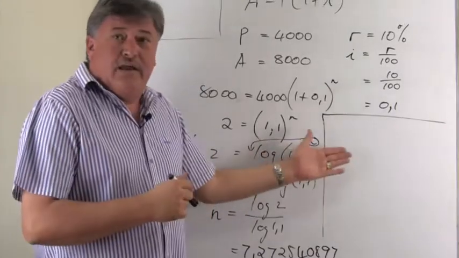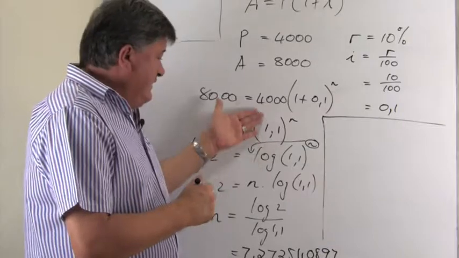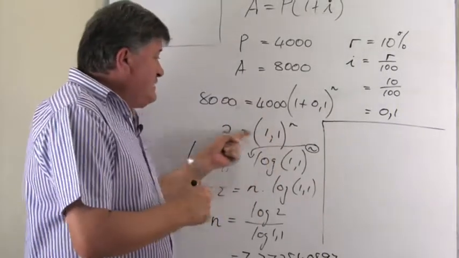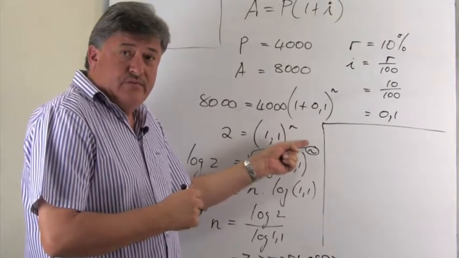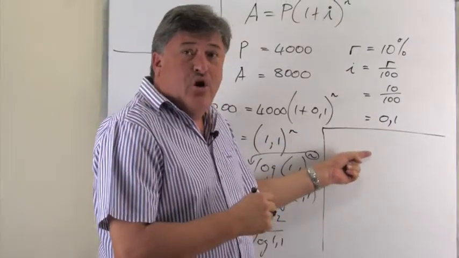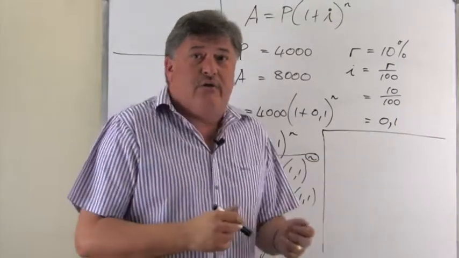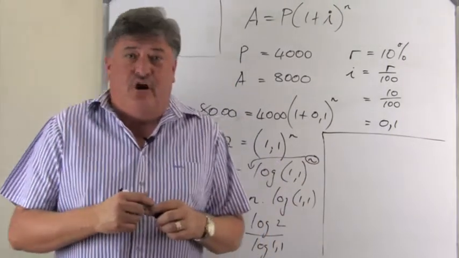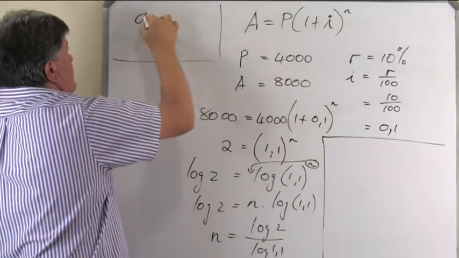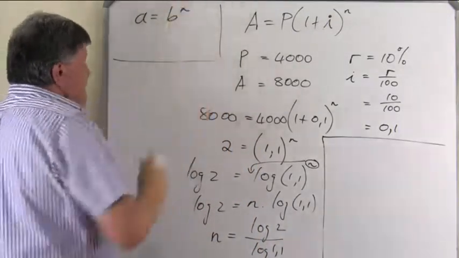Or another way of calculating this n is where we take this exponential equation and we rewrite it into a log equation. Now, let me just remind you of this log definition again. You hopefully still remember this.